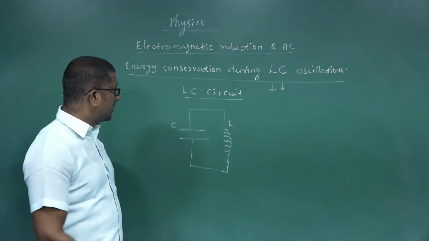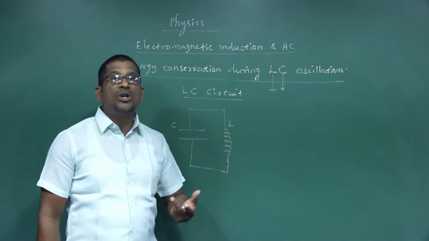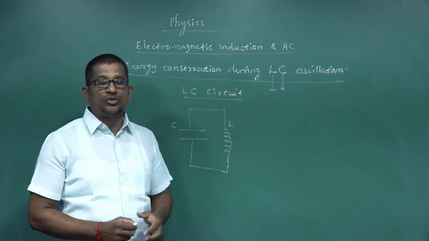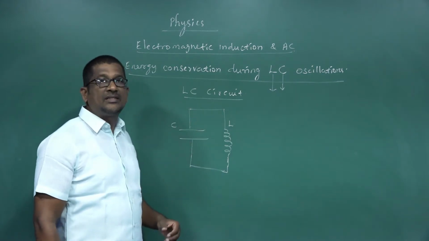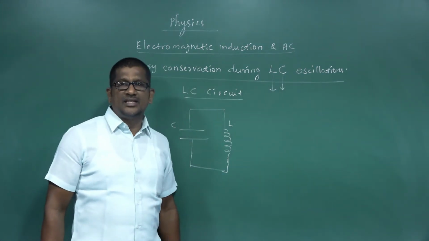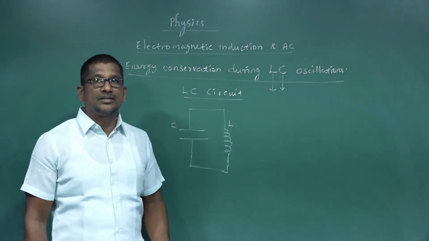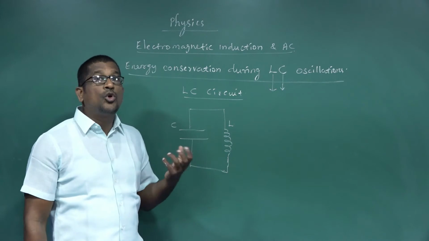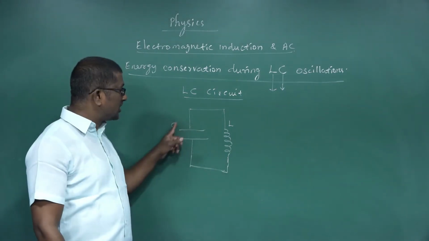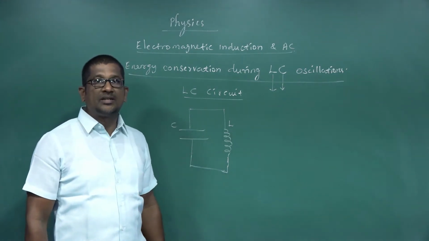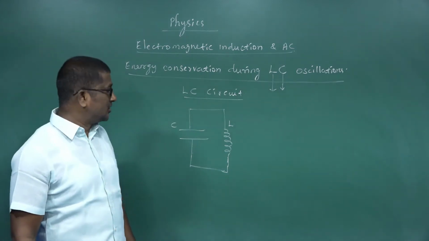Already we know that both the capacitor and the inductor are used to store energy. The energy stored in the capacitor is called electrical energy or electrostatic energy, because the energy is stored in the form of an electric field.